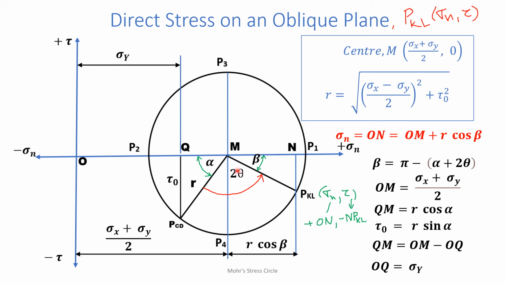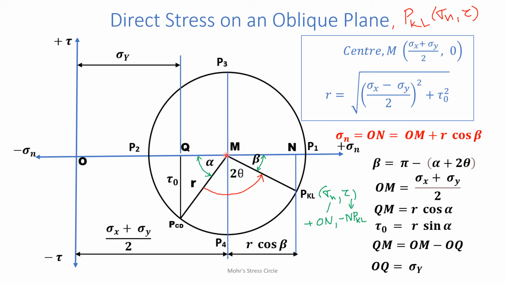If we pay attention to this triangle M PKL N, MN is the base, so if MPKL is radius R, MN is R cos beta. We substitute, so sigma n is OM plus R cos beta. This angle beta is the total angle pi minus alpha minus 2 theta, so beta is pi minus alpha plus 2 theta as observed from the Mohr circle.